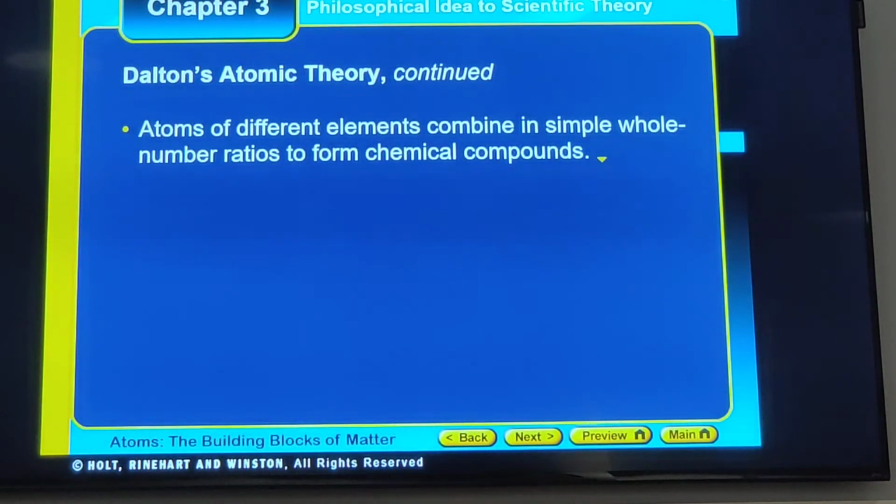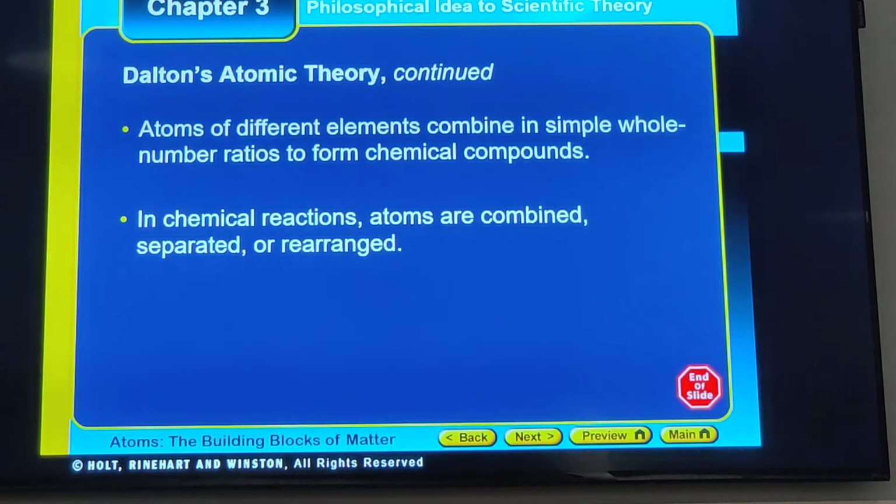Atoms of different elements combine in a simple whole number ratio to form chemical compounds. So when you take hydrogen and oxygen and put them together, it's always like 2 to 1. They're whole number ratios, not decimal numbers or fractions or something like that. In chemical reactions, atoms are combined, separated, or rearranged.